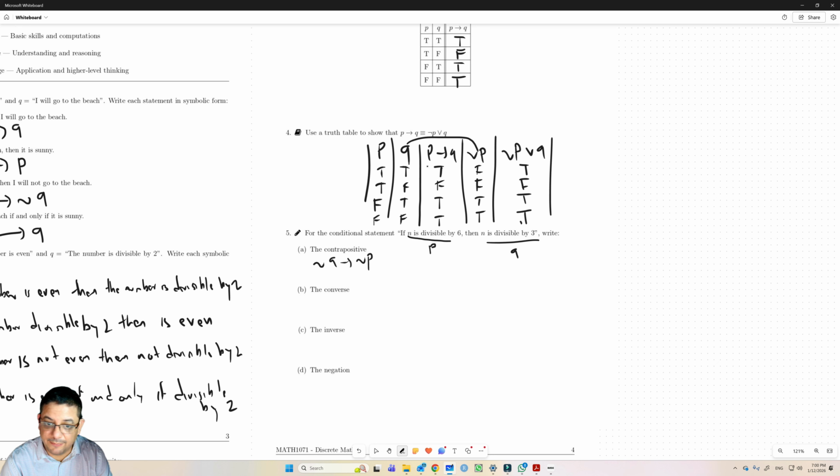And so that will be: if n is not divisible by 3, then n is not divisible by 6.